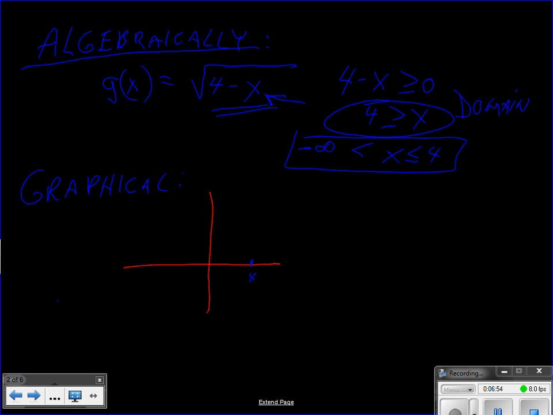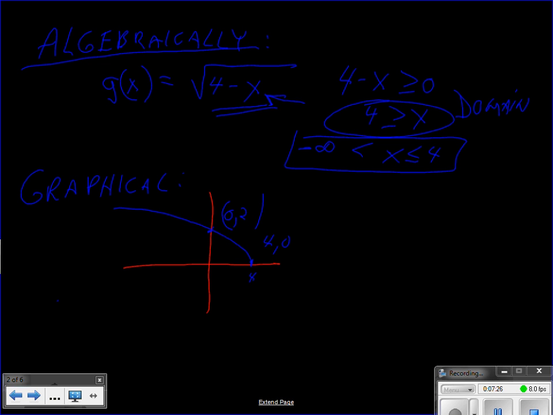And I could plot another little point here. This is 4, 0. If I put in x equal to 0, I'm going to get 2. Okay, so this is a graphical representation of a function.